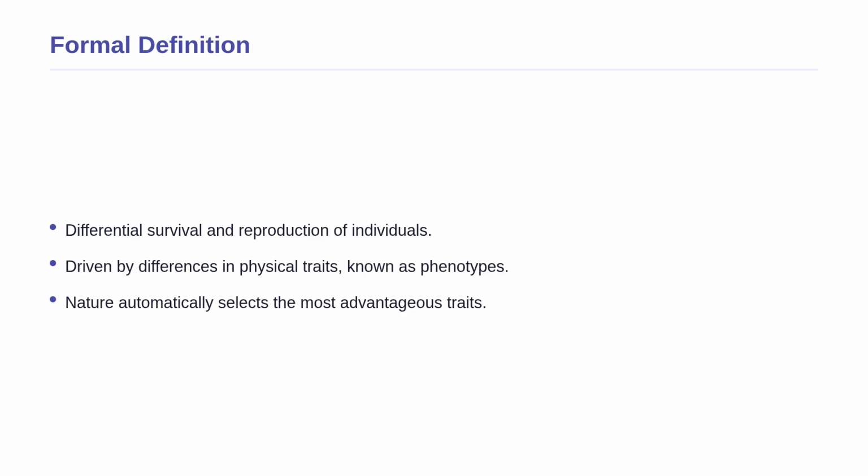It is not a random process. Instead, it is a highly specific filtering mechanism. The environment itself acts as a sieve, determining which traits are beneficial and which are harmful. Nature automatically selects the individuals with the most advantageous traits, allowing them to live longer and leave behind more offspring.